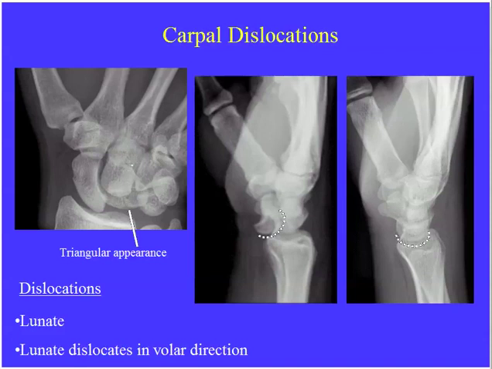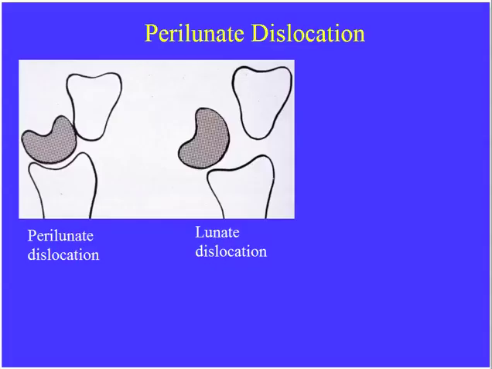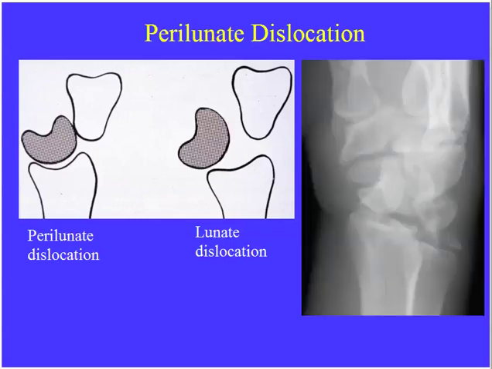The capitate still sits in its normal position, and this would be the normal position of the lunate here. Whereas in a perilunate dislocation, the lunate maintains its normal position, but the capitate has dislocated posteriorly, as shown in this case. Here's the distal radius. The lunate still articulates with the distal radius, but the capitate sits posteriorly. So this would be a perilunate dislocation rather than a lunate dislocation.